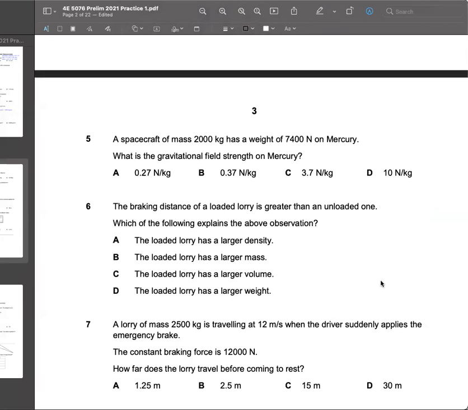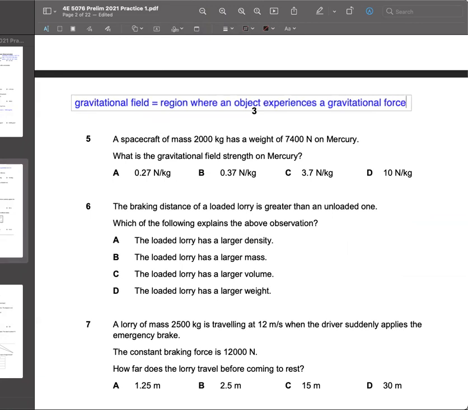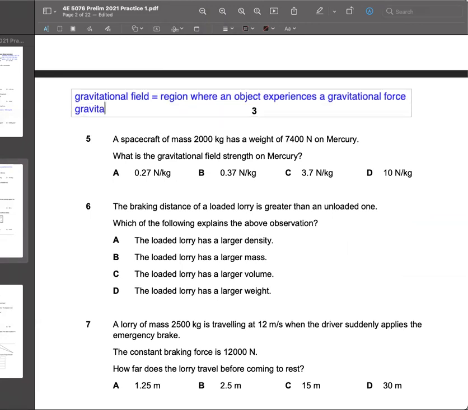Okay, question 5. What's gravitational field? Can you give me the definition first? A gravitational field is a region where an object experiences a force. To be more specific, it experiences a gravitational force, because there are so many types of force. Then what's the gravitational field strength?